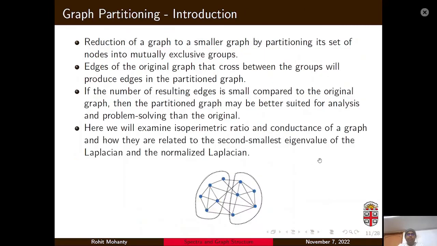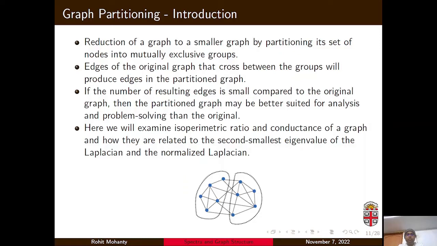Now that we have these neat results about the lower bound and the upper bound of different graph properties, let's talk about another problem, which is the graph partitioning problem. The graph partitioning problem is essentially the reduction of a graph to a smaller graph by partitioning its set of nodes into mutually exclusive groups.